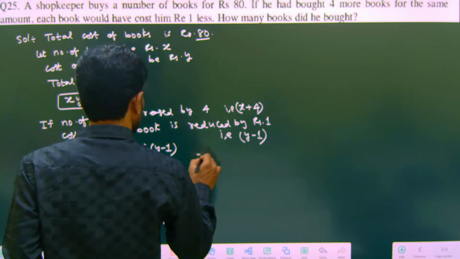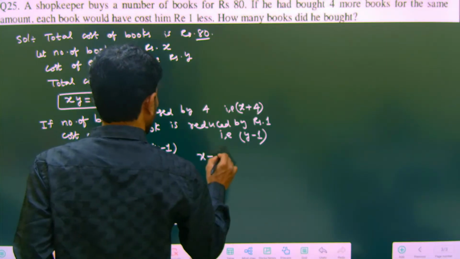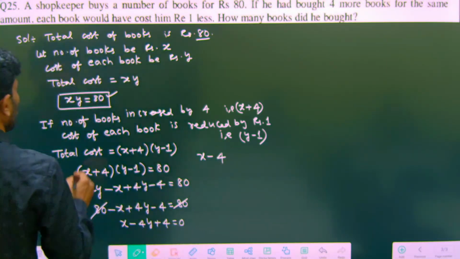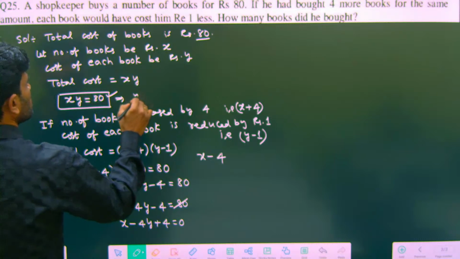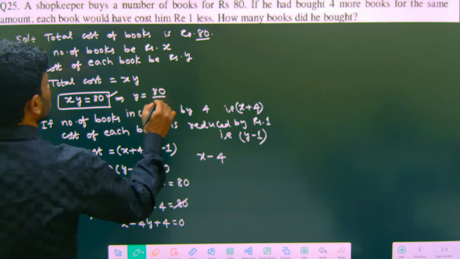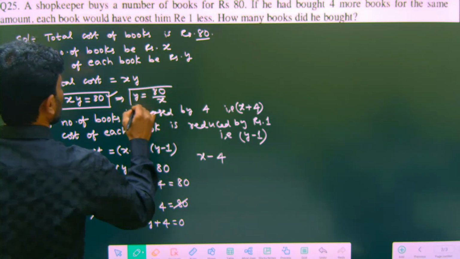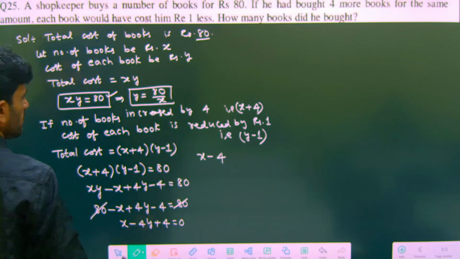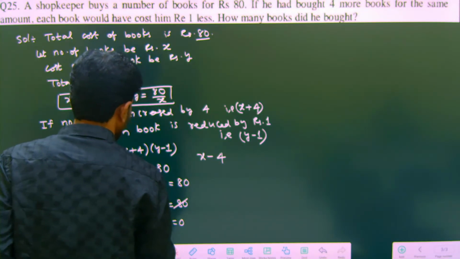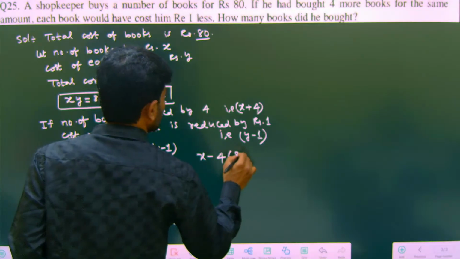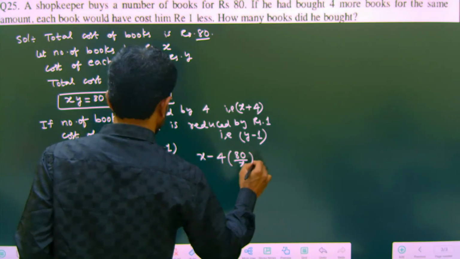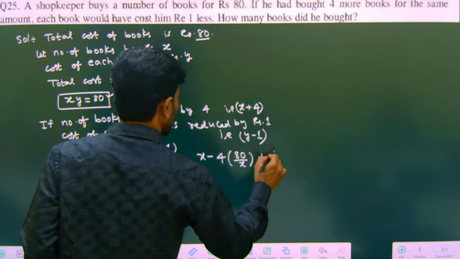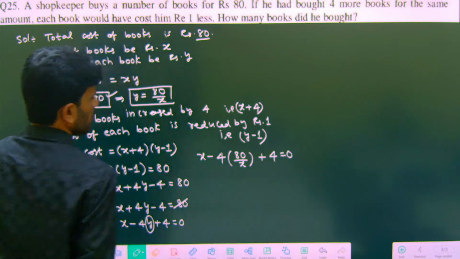plus 4 is equal to 0. From the first equation, y is equal to 80 by x. In place of y, I substitute 80 by x: x minus 4 into 80 by x plus 4 is equal to 0.